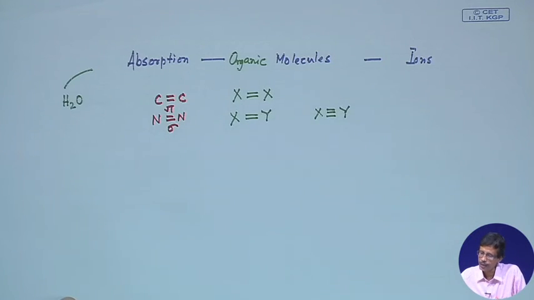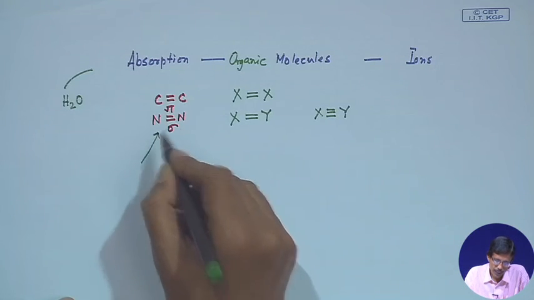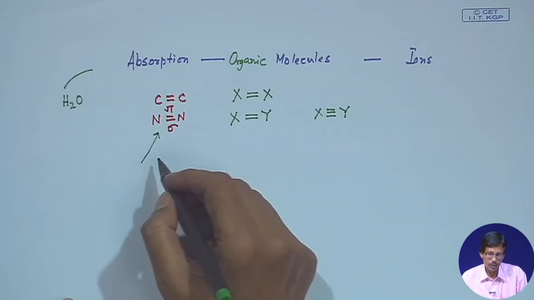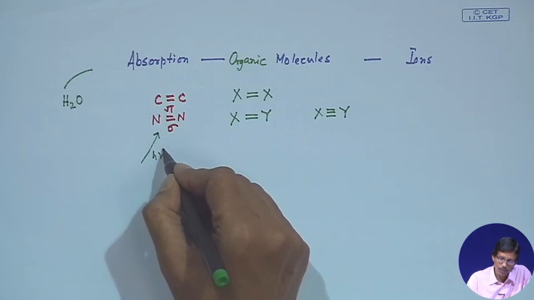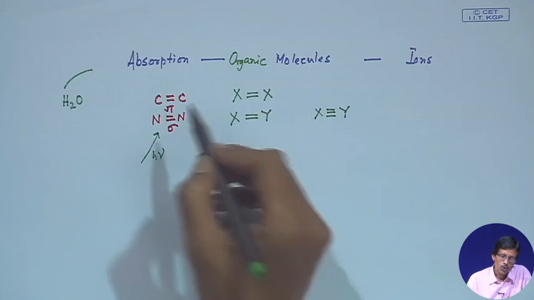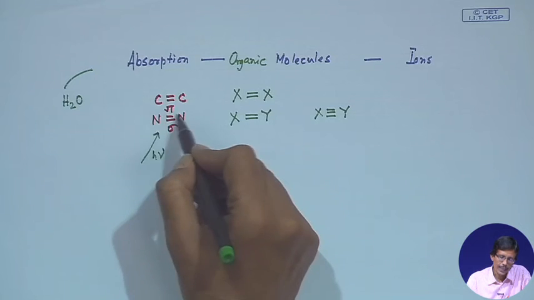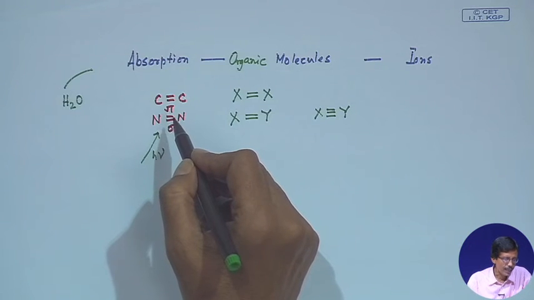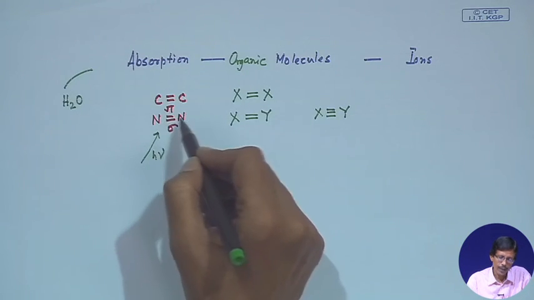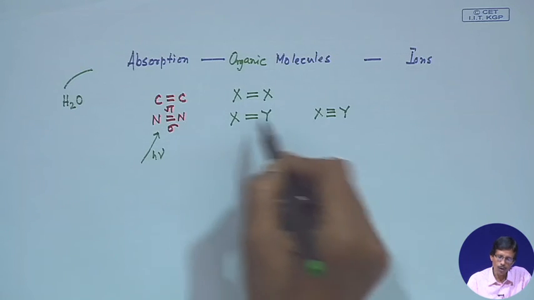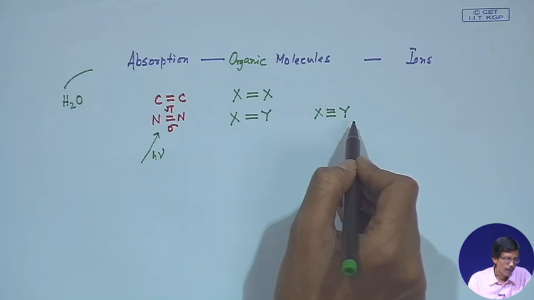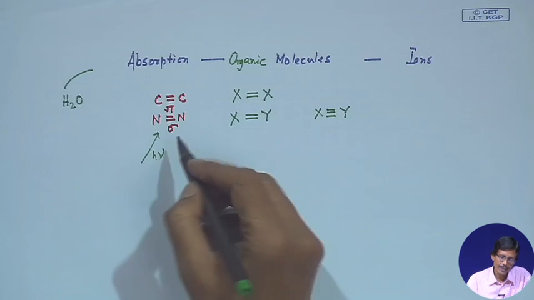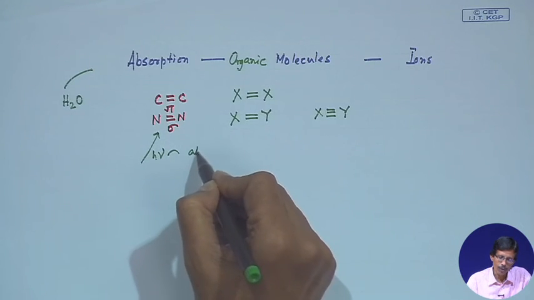So, when we try to excite this species, that means we put in the corresponding radiation in terms of h nu, only the electrons present in the pi level, for making your pi bonds, will be excited. So, the more easily excited electrons in the pi level in the double bonded or triple bonded molecule will be excited, and once excited, you get the corresponding absorption.